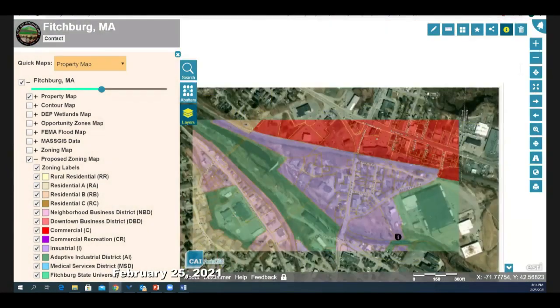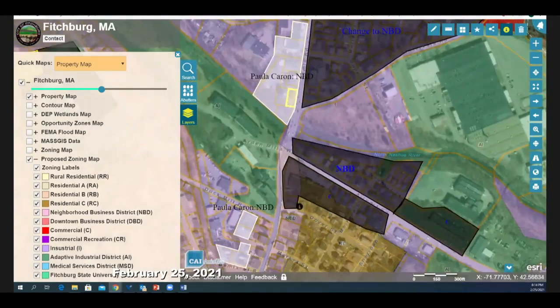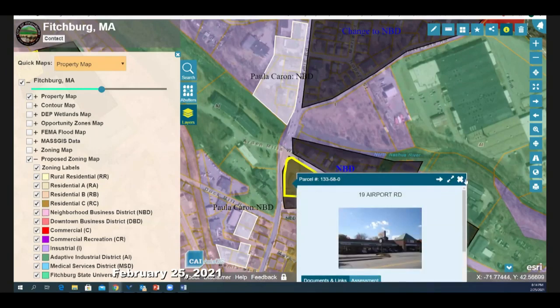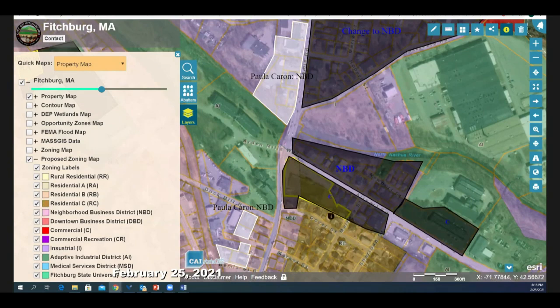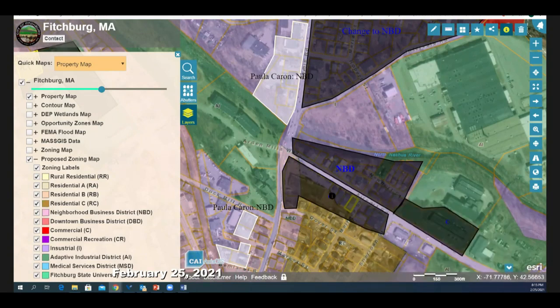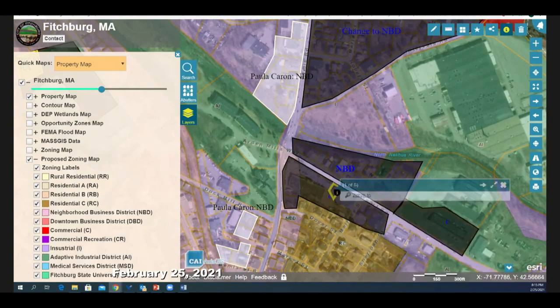Okay. And then some changes proposed by the planning board would be to make this corridor commercial. This is 19 Airport Road. This is no longer sort of industrial. And that makes sense to adjust it accordingly. There's some houses mixed in, but it's largely, again, today it's zoned industrial.